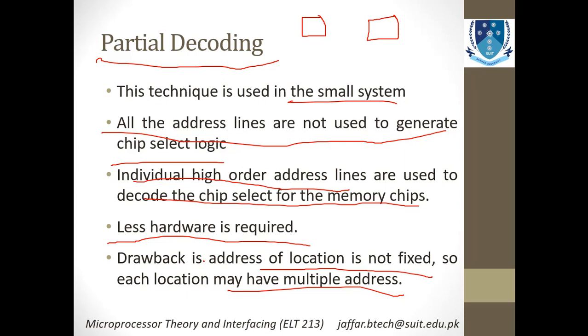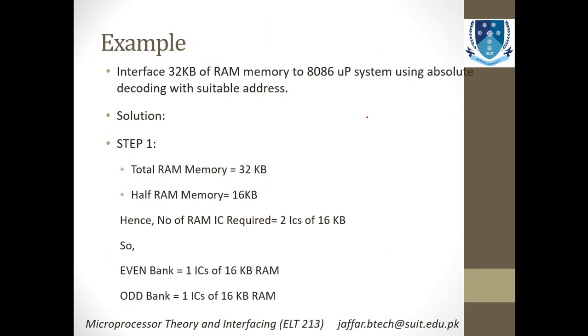That is why it is used in small systems, because it is easy to locate the data within the memory. If you have a large memory, it will be a tedious job to find data that has shifted across large locations. That is why partial decoding is mostly suitable for small systems.